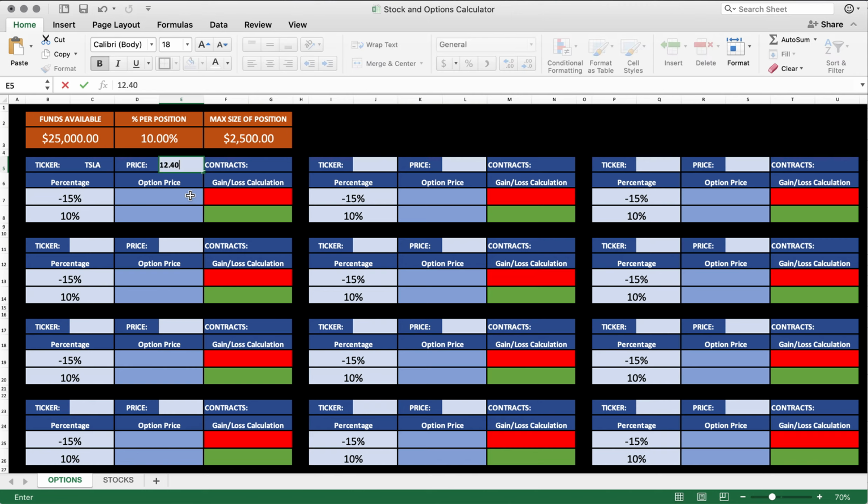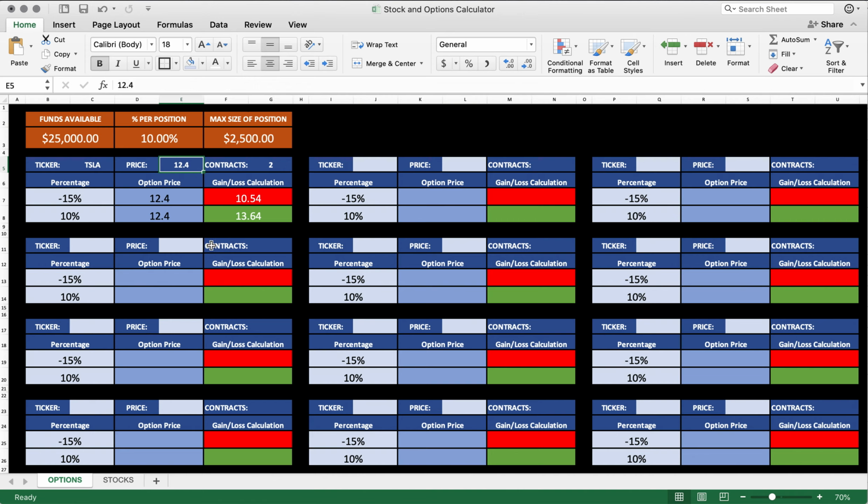We put $12.40. We don't put in the full amount you'd have to pay, because the Excel document does a calculation for you. It calculates this times 100, and then divides it by the max size of your position, so it tells you how many contracts you would be able to purchase for Tesla.